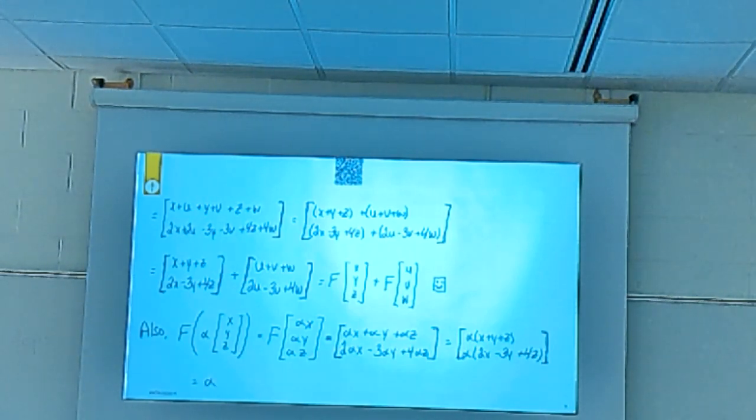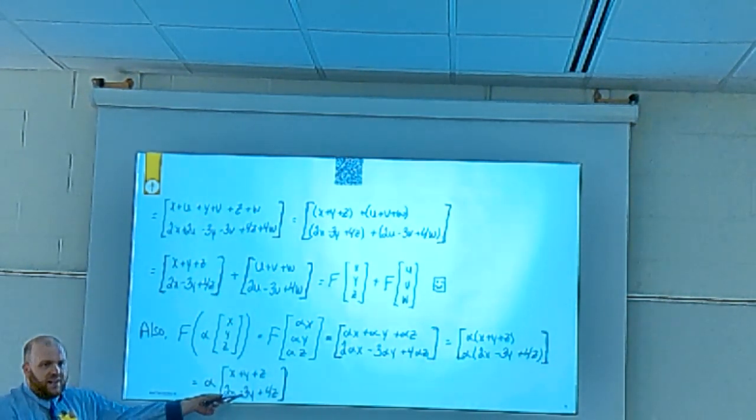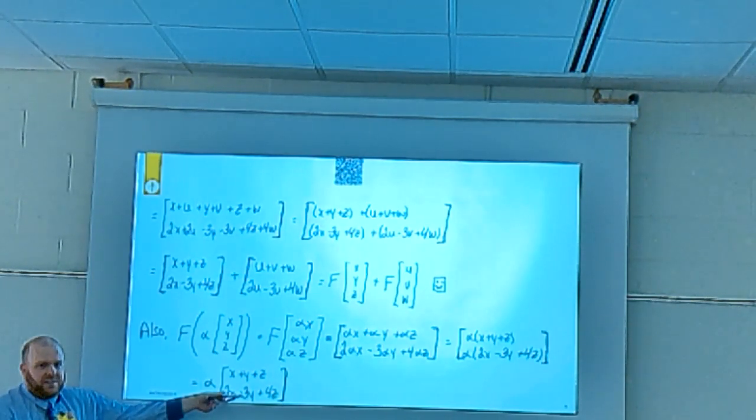Since we're dealing in R2, we can factor that alpha out of the entire vector. That is f of x, y, z, isn't it?